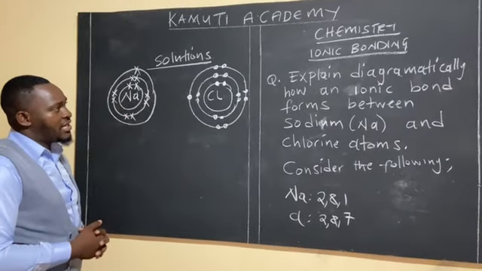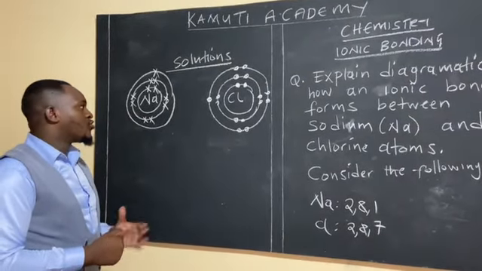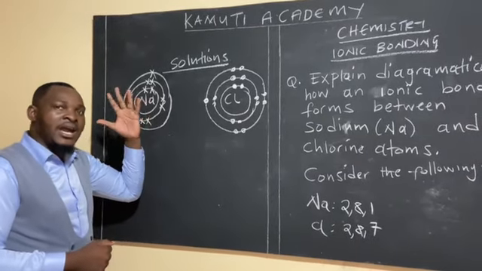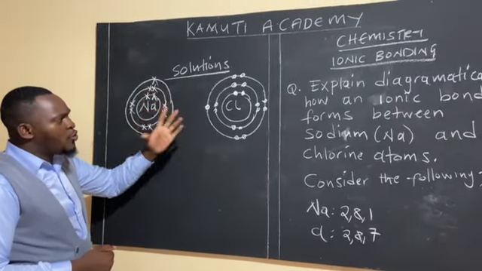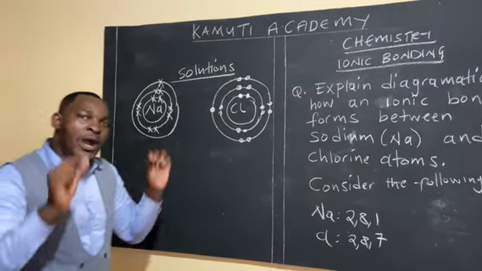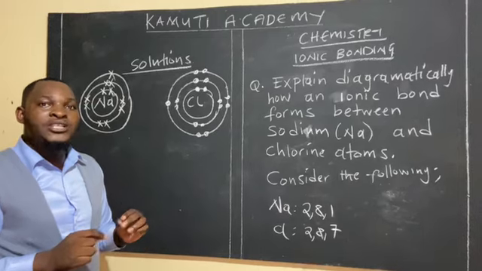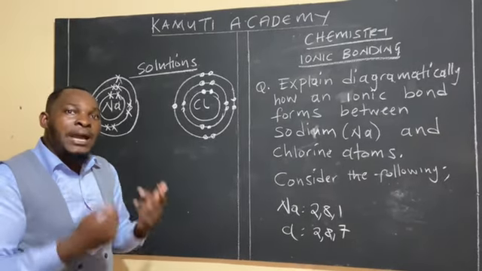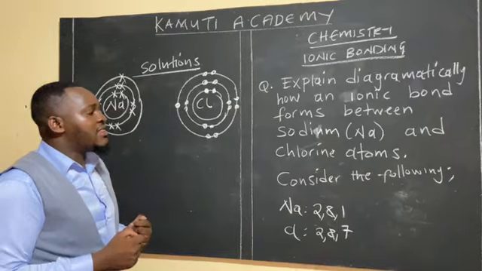Chlorine has 4 and above electrons, so chlorine is a non-metal. So sodium is going to donate an electron to chlorine. The major reason why bonding occurs is that these atoms want to attain a stability such as that of the noble gases.